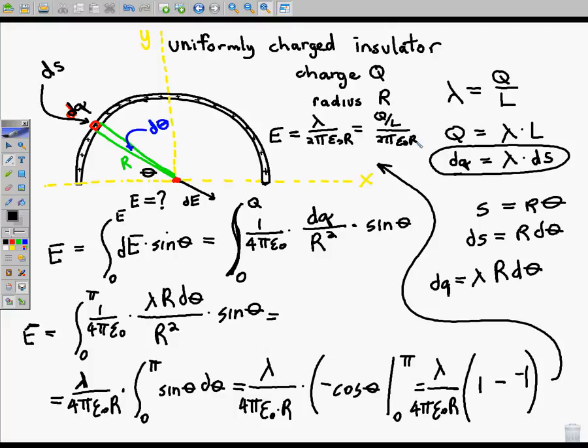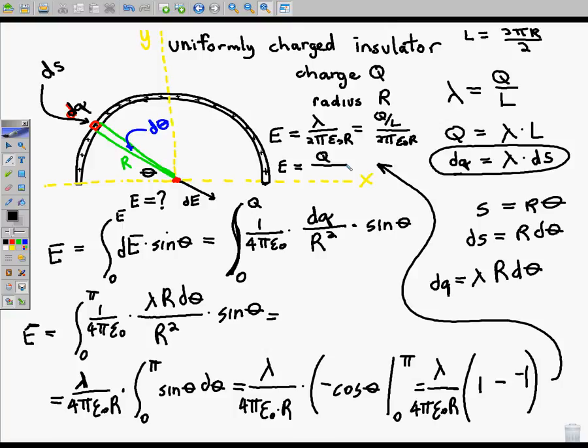L is going to equal 2 pi r, the circumference, divided by 2. So it's just going to be pi r. So E ends up equaling, what is this going to be? Q over pi r, over 2 pi epsilon 0 r.